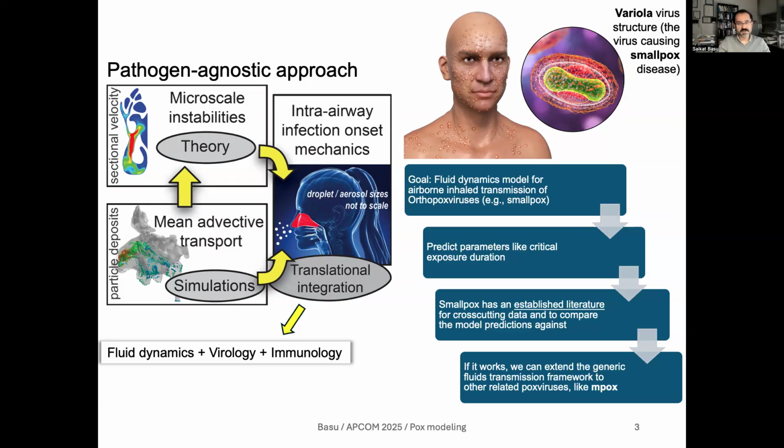Secondly, whatever translational metrics that our model can quantify, for example, what is the critical exposure duration for initial onset of smallpox, we can compare those predictions with the known data from smallpox literature. Now, if that comparison works, we can then apply this kind of pathogen agnostic framework to other viruses of the same family. For example, the ones that are more relevant today, like mpox.